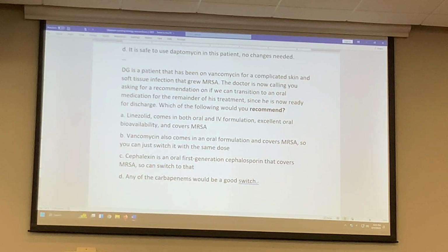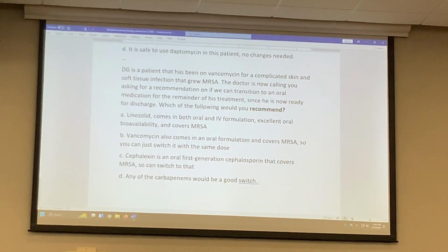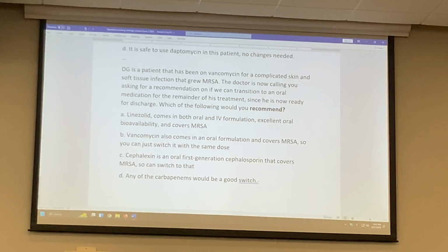There are only a few that can be given for oral MRSA treatment, and then we also want to differentiate between community and hospital-acquired MRSA, right? So this is a few drugs, not many. Let's think about the options.